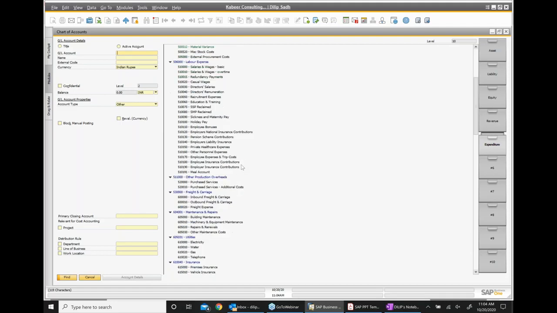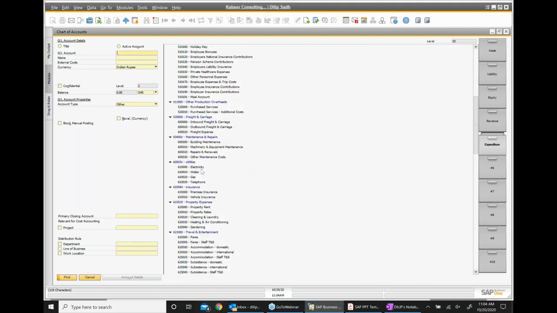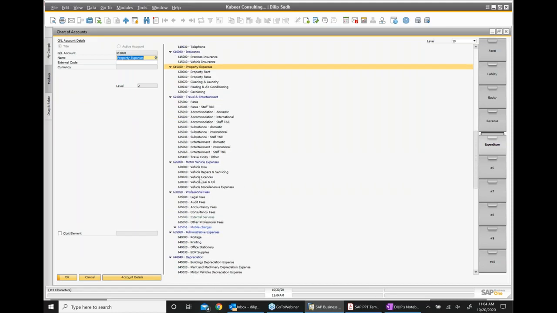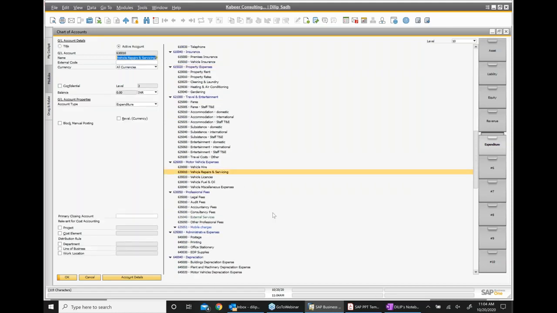And in this expenditure, you can have different expenses. I have electricity bill. What is my water expenses? What is my gas expenses? What is my telephone expenses? My property rent? What am I spending on my vehicle repair and servicing? These are the different classifications of different items.